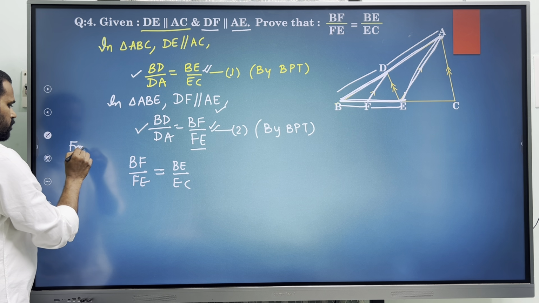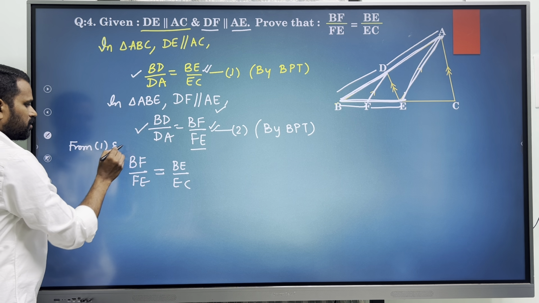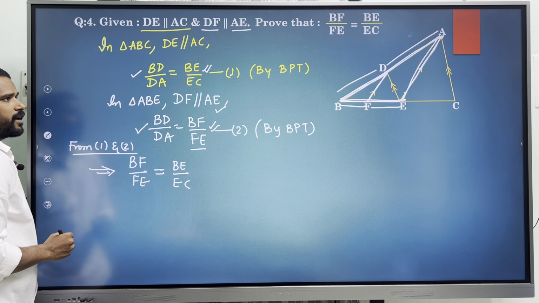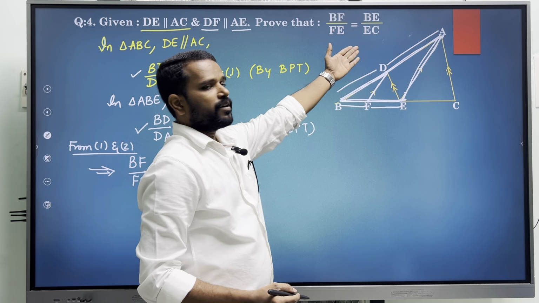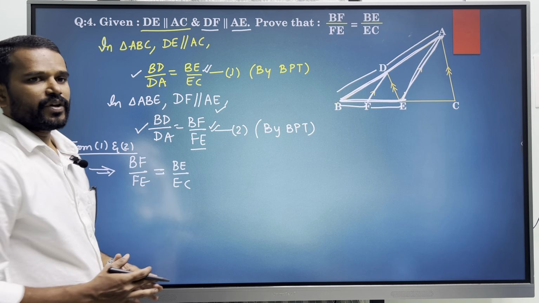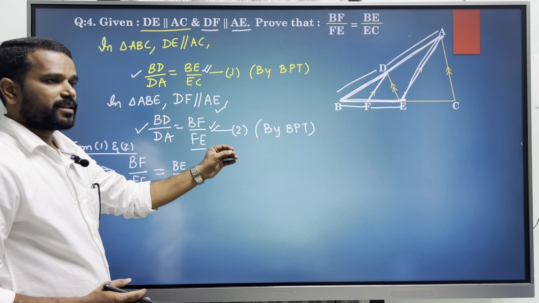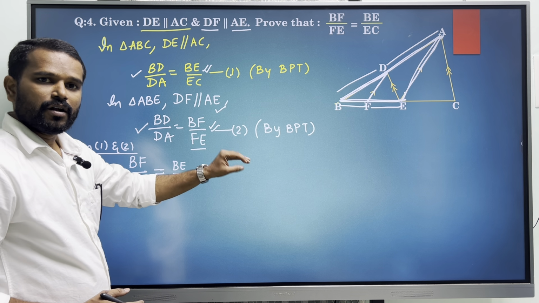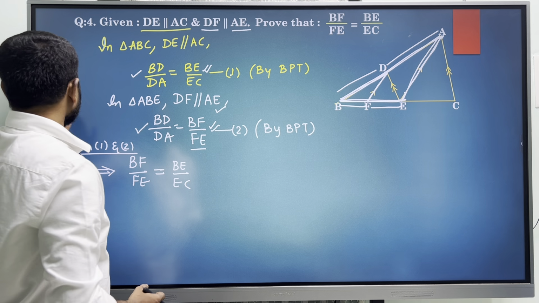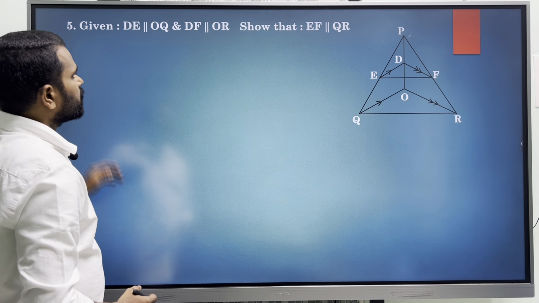From 1 and 2, we are writing this. Hence proved. We have proved it very easily. Understand? This chapter is very easy based on this. This exercise is purely based on the basic proportionality theorem and the converse of the basic proportionality theorem. Next question, let us see.